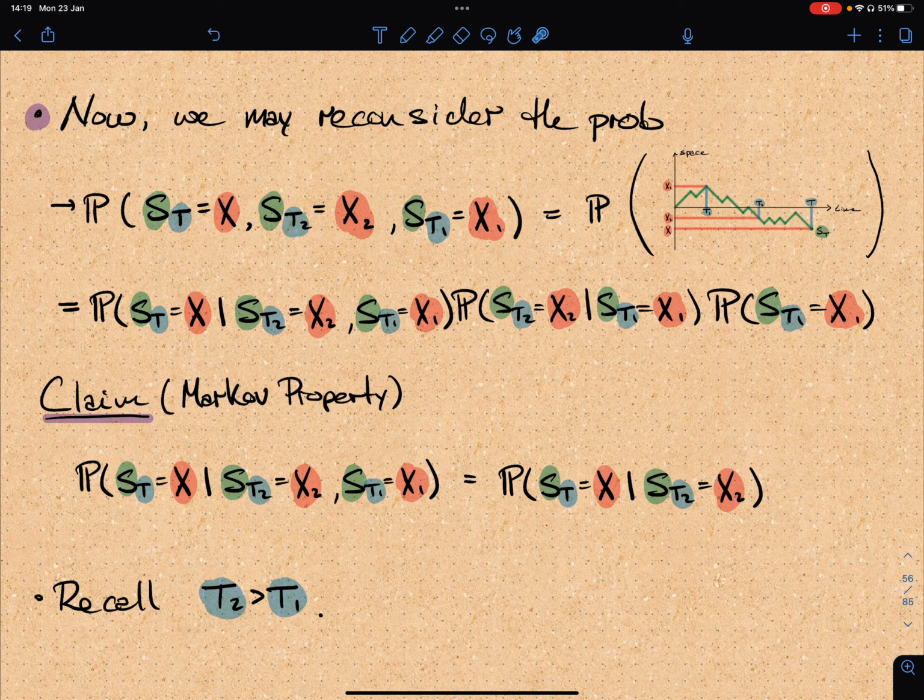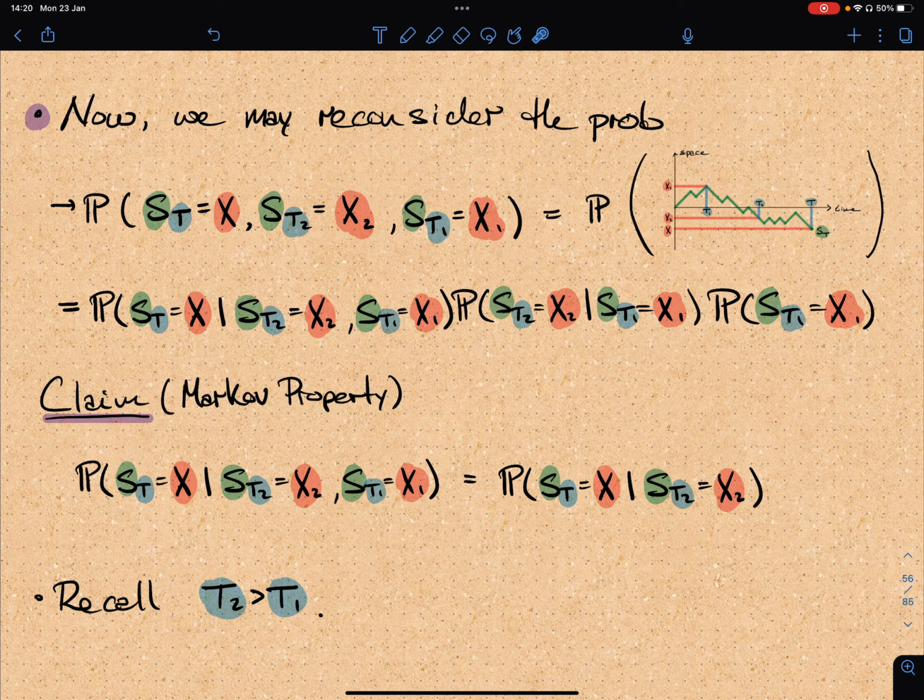What the claim is precisely is that the probability that you're at position x at time t, given that you're at position x2 at time t2 and x1 at t1, is just going to be equal to the conditional probability that you're at position x at time t, given that you're at position x2 at time t2. And recall that t2 is greater than t1. This is important because the statement doesn't hold the other way around.